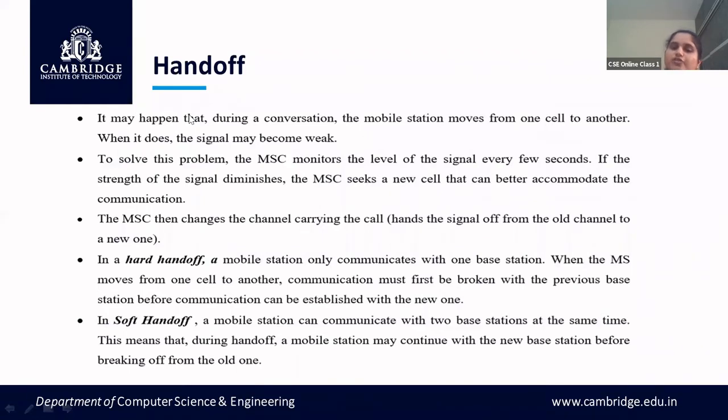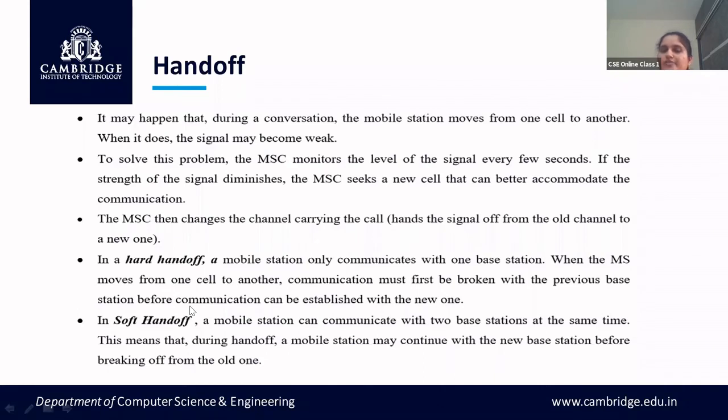In handoff, you have two types: hard handoff and soft handoff. Whenever a mobile station is communicating with one base station, and it moves from one particular range to another range, it will hand over from the previous base station to the new one. If it is compulsorily shifted, that is called hard handoff.